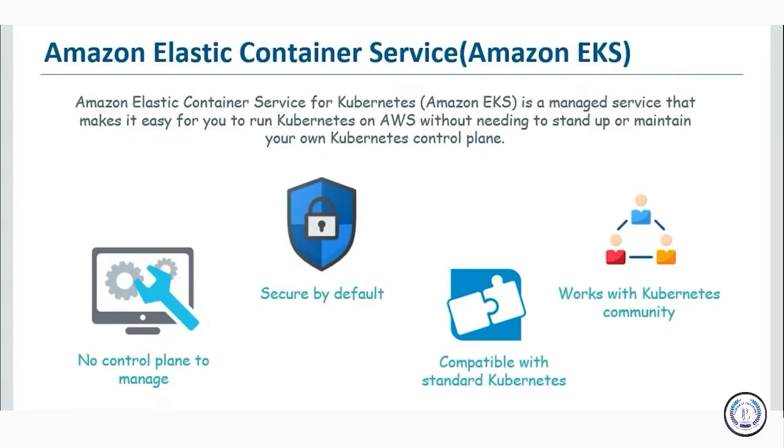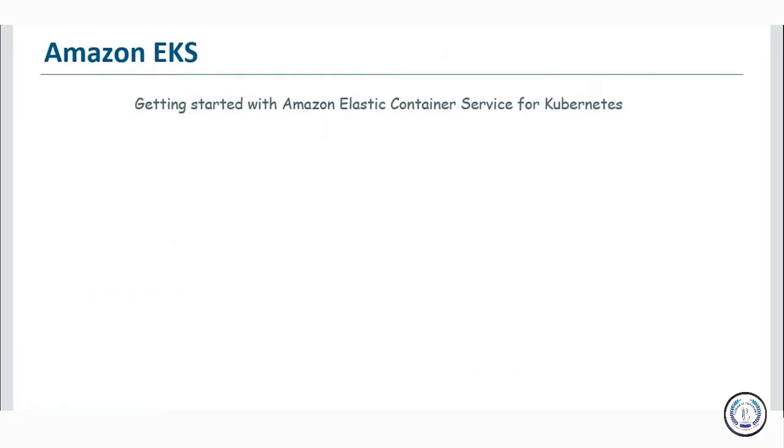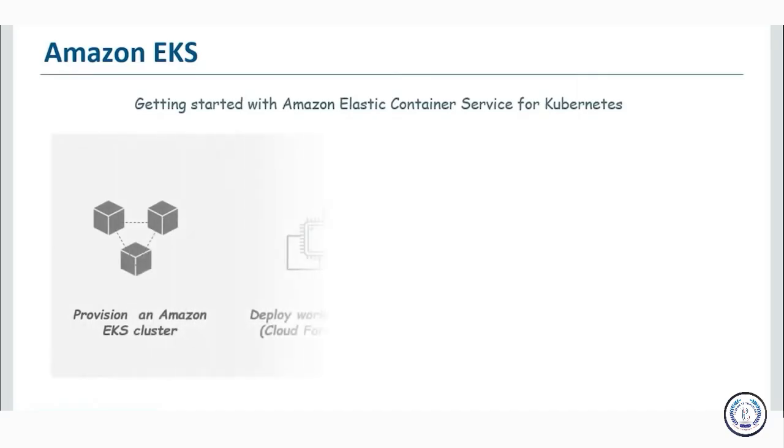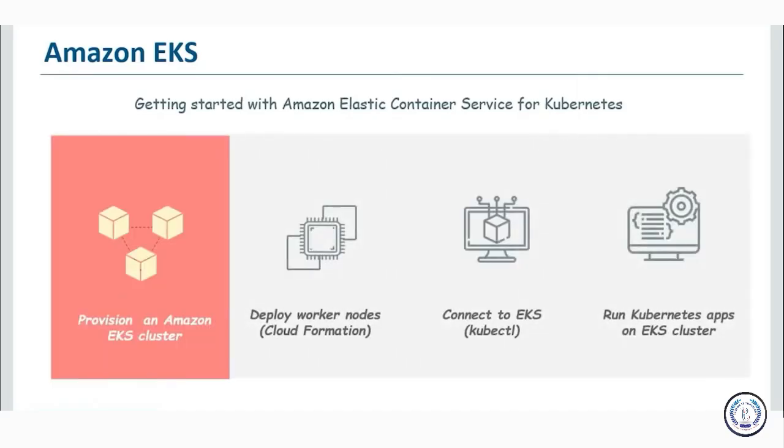Now let's go ahead and see how it actually works. Just so you know, we'll be following the same set of steps in the demo part of the session as well. So make a note of them. Okay then. Getting started with Amazon Elastic Container Service for Kubernetes is fairly simple. First, you need to create an Amazon EKS cluster.